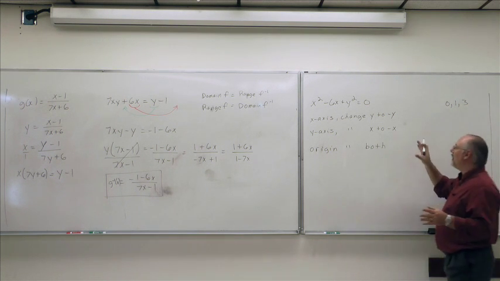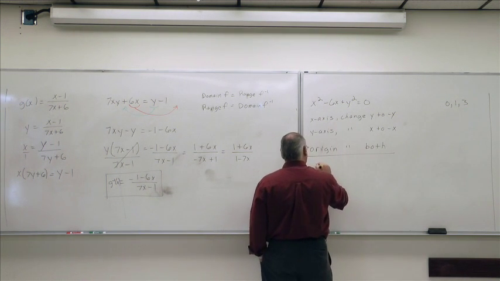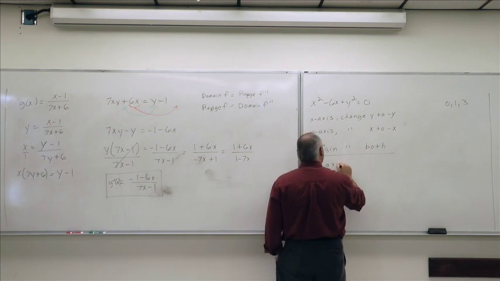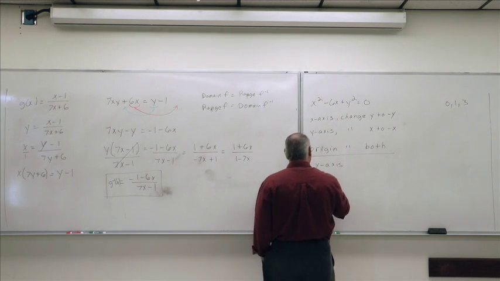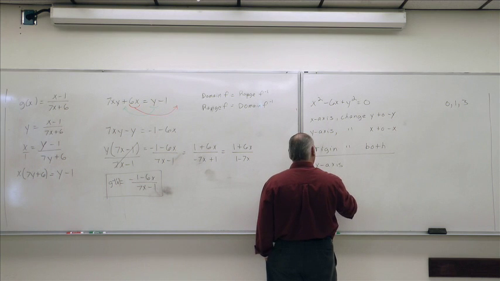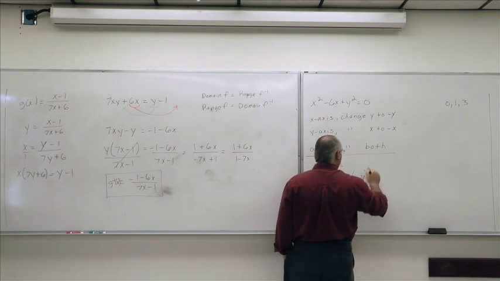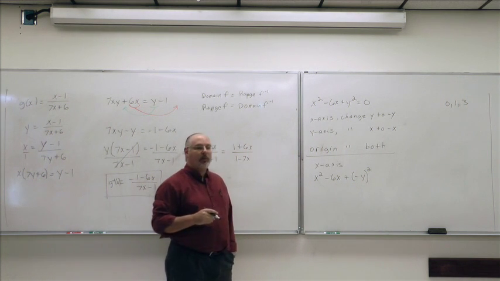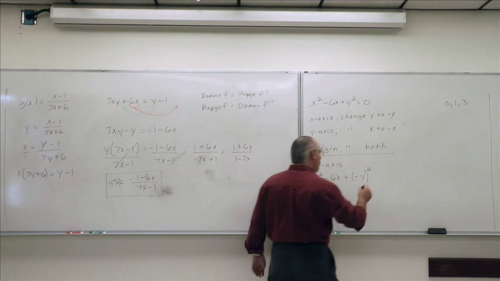Now, which ones you have to find? So let's go ahead and work on just x-axis symmetry. So for x-axis symmetry, we're going to change the y to -y. So that means it's x squared minus 6x plus -y in parentheses squared equals 0.